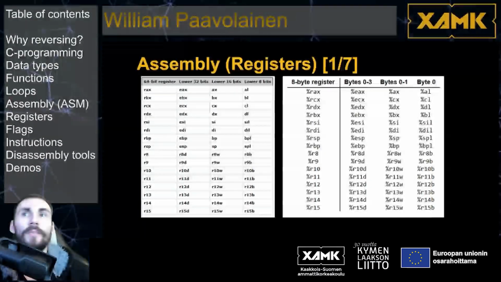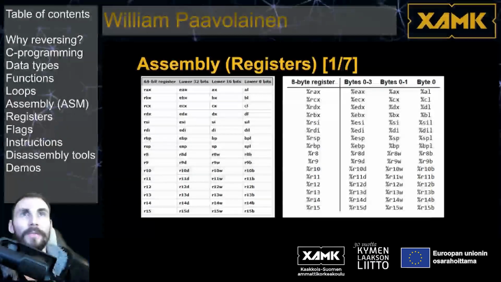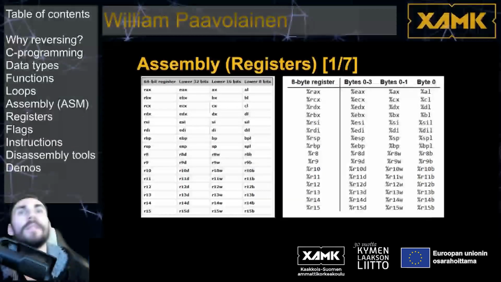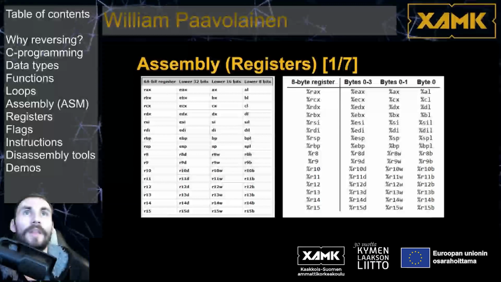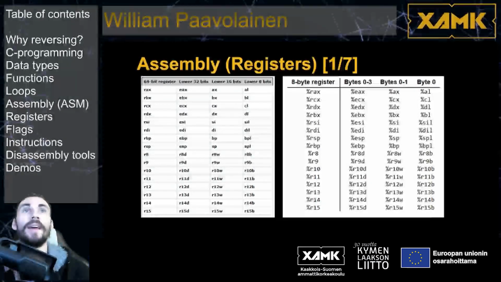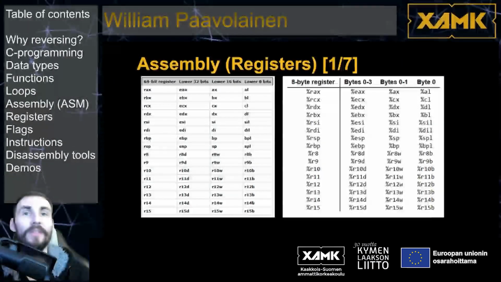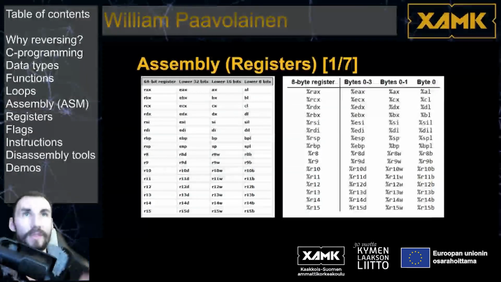It's also important to understand how the registers actually work. As in, if you look at 64-bit registers, let's take the first one, the A register, RAX. And then to the right of it, you can see EAX. And that EAX register, the size of it is 32 bits, but it's the lower 32 bits of the whole 64-bit register.